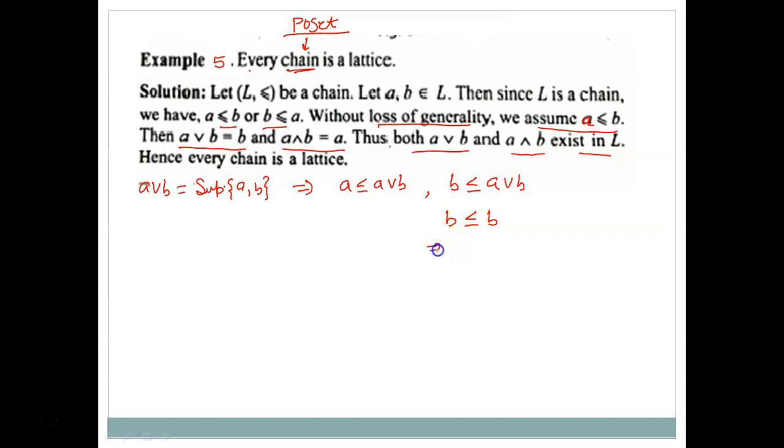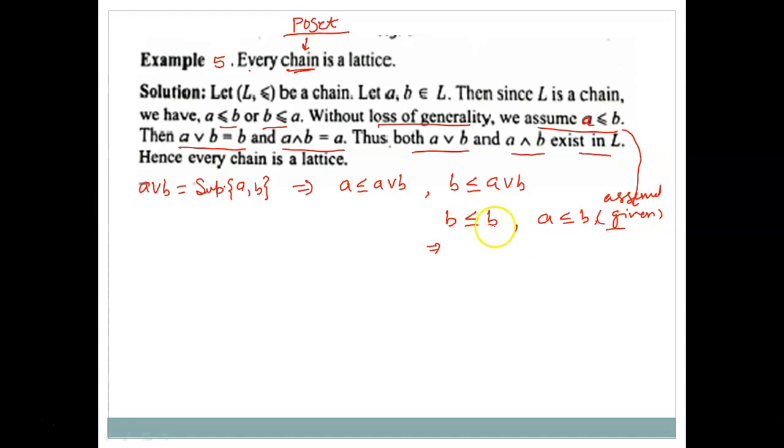So from here I can say B is less than or equal to B, and A is less than or equal to B, which is given in the statement. We have assumed this.